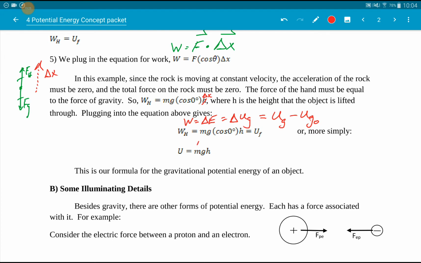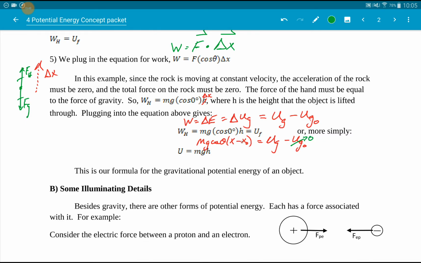Another way to write this would be mg cosine of 0 degrees multiplied by my ending position minus my beginning position, and that would be equal to my ending gravitational potential energy minus my beginning gravitational potential energy. Now, here's what I was just talking about. This guy, we set it to be 0 down there at the bottom.